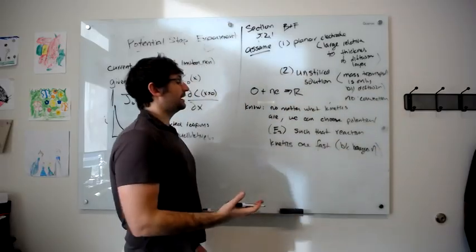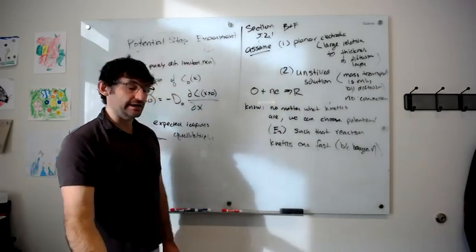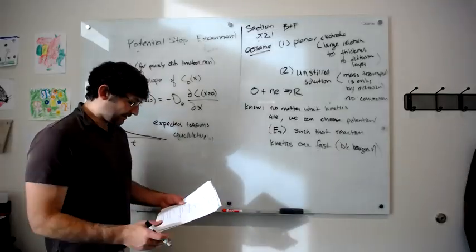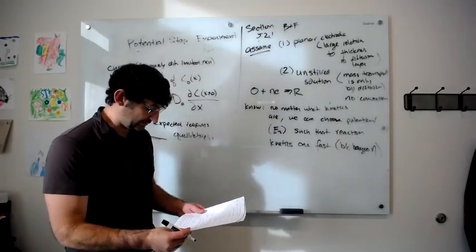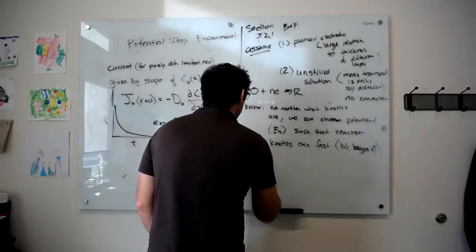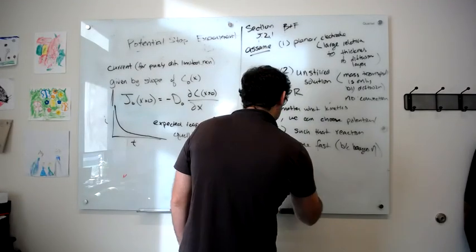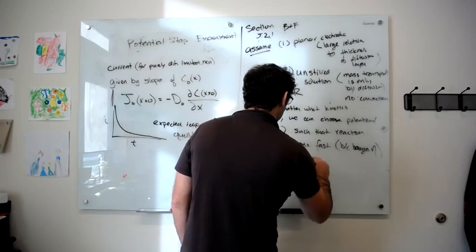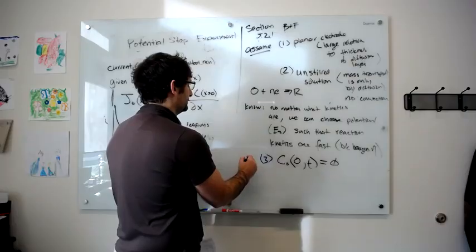We can choose a potential that gives us a very large overpotential that drives the reaction kinetics. You can think about that in the context of the Butler-Volmer equation, which we have derived in previous lectures and used now several times. And this will always create the situation where C_O at x equals 0 as a function of time equals 0. So that's going to be one of our boundary conditions.